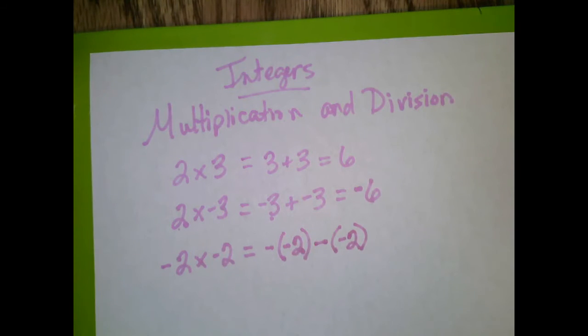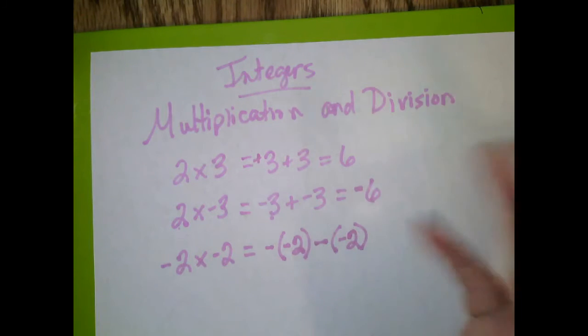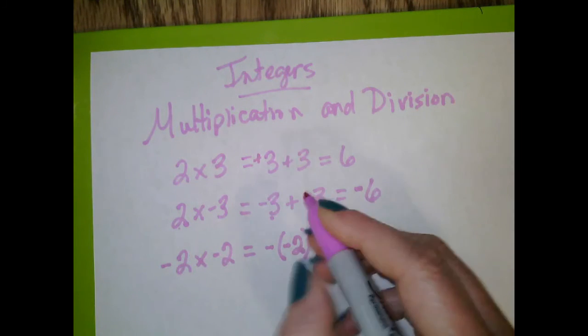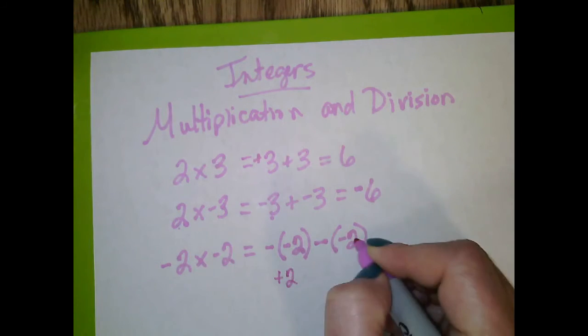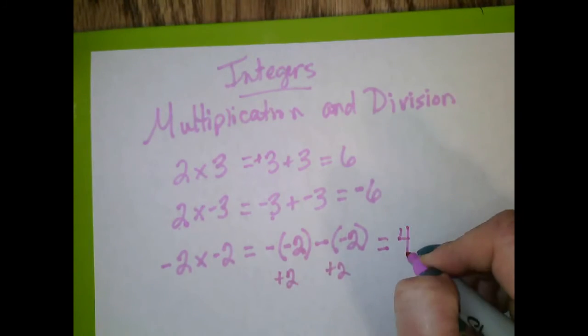Okay? I'll put a plus up there. This is going to help you out a little bit more. So this, taking away negative 2, if you remember from the last part, is just like you're adding the value. You're taking away a debt, so you're basically adding 2. So that's adding 2, and that's adding 2. So ultimately, that's going to equal 4.